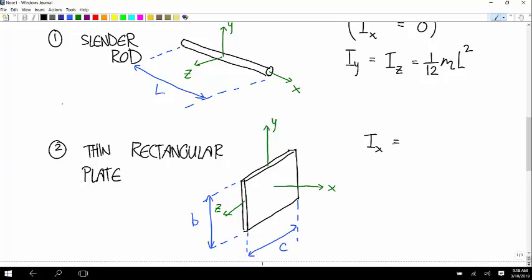So about the x-axis, mass moment of inertia is 1/12 times the mass times the quantity b squared plus c squared.